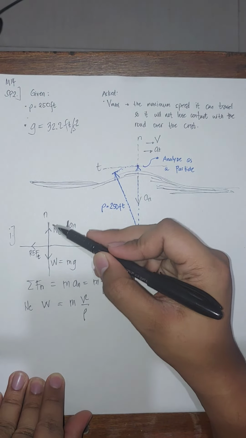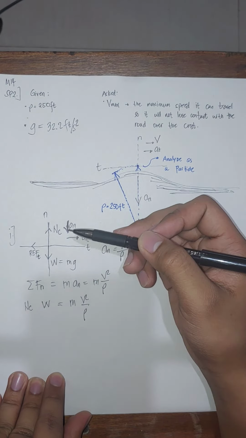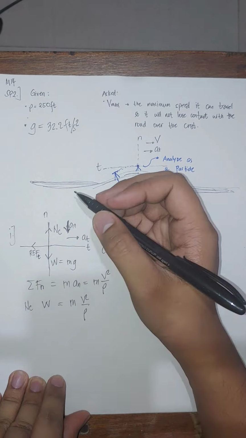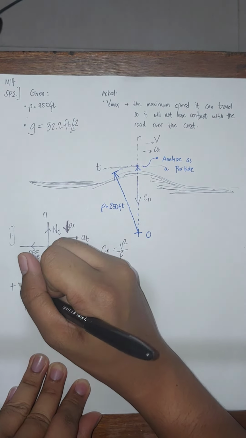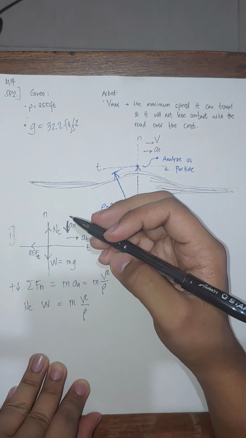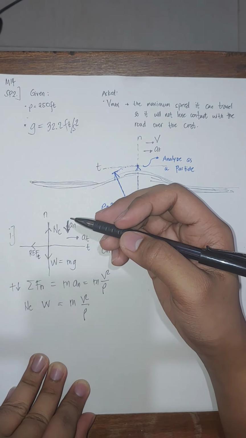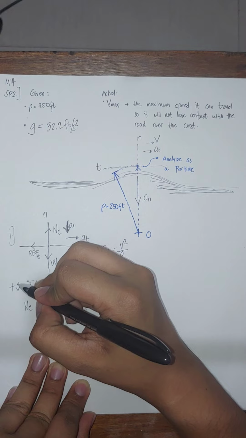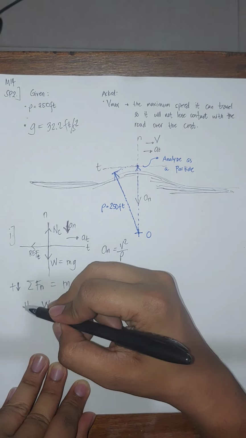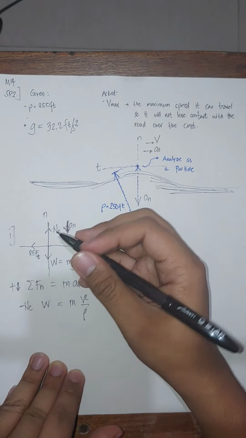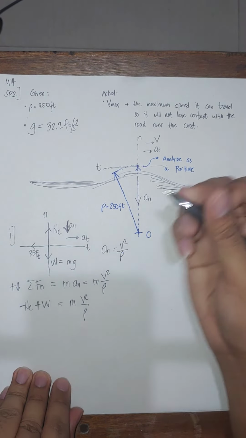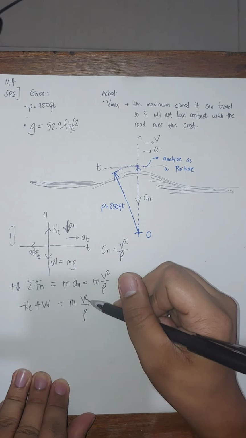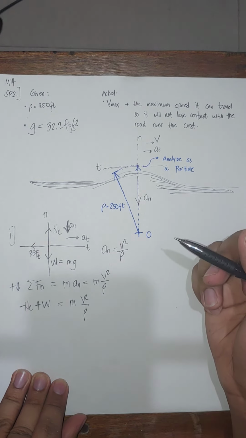The N is upward and the weight is downward. So actually we can say that downward is positive, because this is the direction of the normal acceleration. If that is the case, the normal force will be negative and the weight will be positive, equal to mass times v squared over rho.